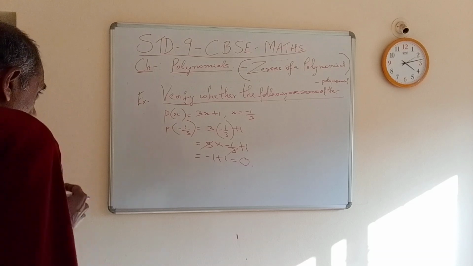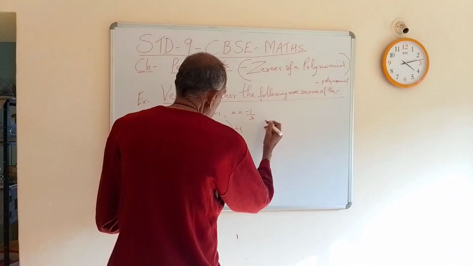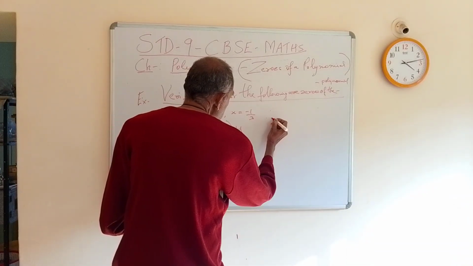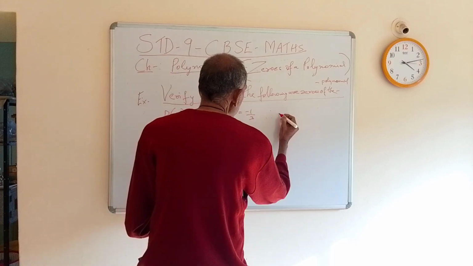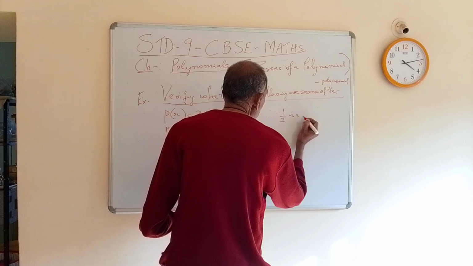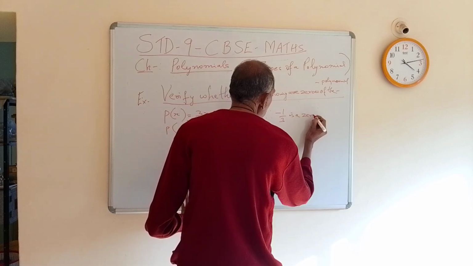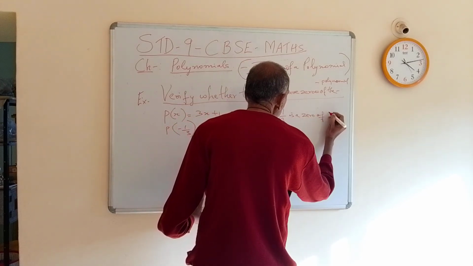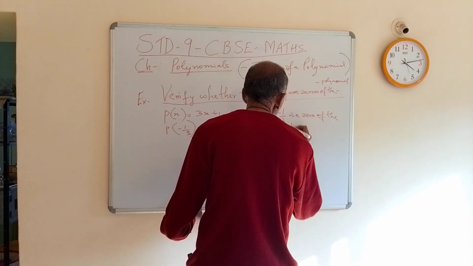So we can write it over here: therefore, minus 1 upon 3 is a zero of the polynomial.